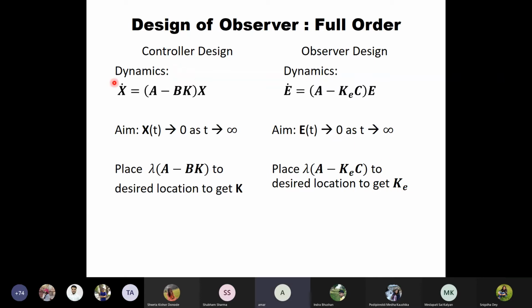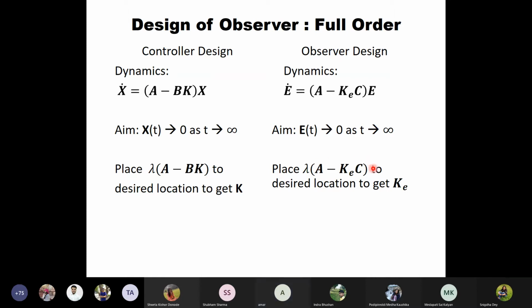So the knowledge of state feedback controller design can be easily applied to design an observer, or to find the values of Ke. But the only problem is that here the matrix is A minus BK, whereas here the matrix is A minus Ke into C.